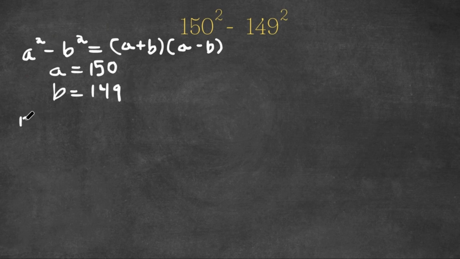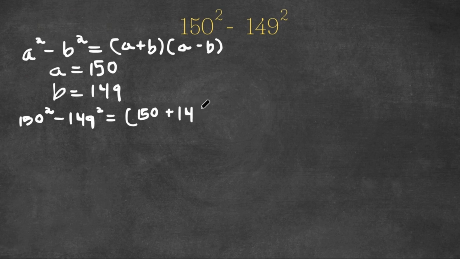So 150 squared minus 149 squared is equal to 150 plus 149 times 150 minus 149.